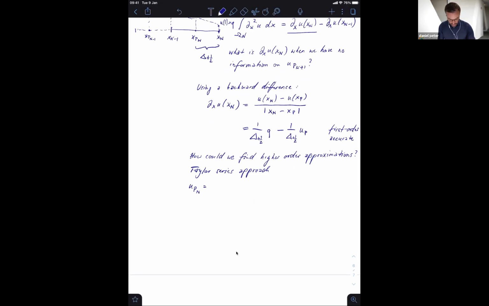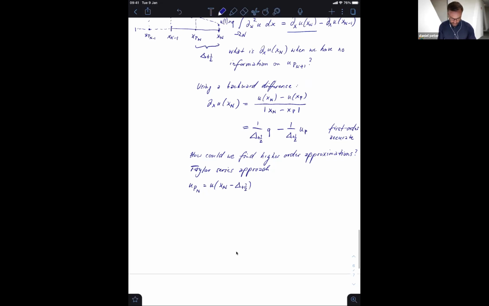We can write this as a Taylor series around Xn minus this delta X, basically. This delta plus 1/2, we called it.